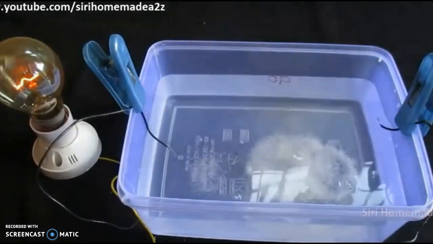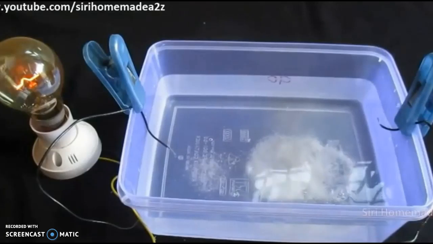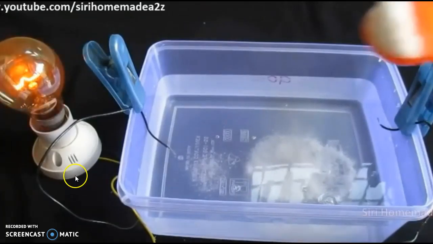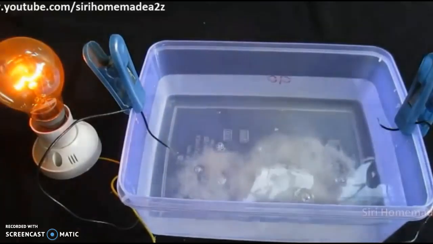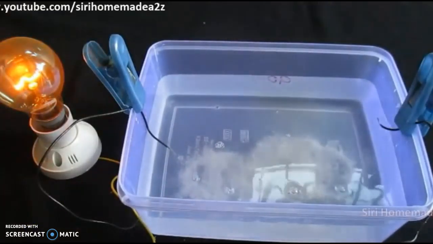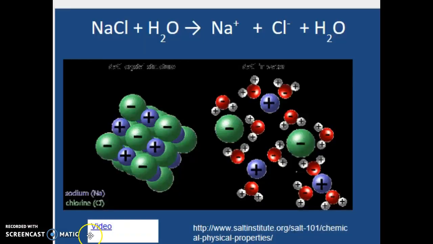All right, and it's starting to light up. So because there are ions in the water now, the electricity is able to travel through it and light up the light bulb. All right, so when we put that sodium chloride into the water, it splits apart into positive and negative ions with the water, because water is a polar molecule. It's a universal solvent.